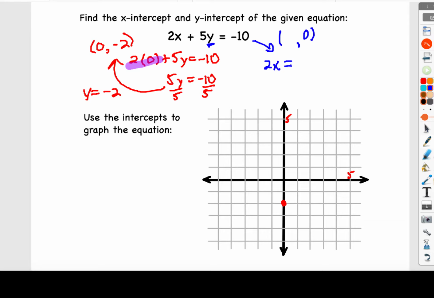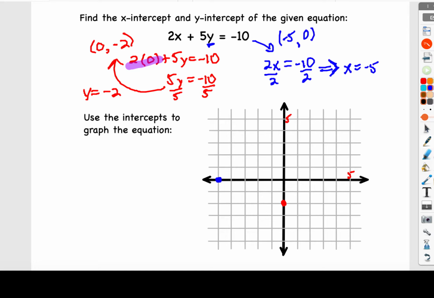So basically 2x equals negative 10 because y was 0. Divide by 2, divide by 2. Since I'm going sideways, I'll use an arrow here. x, right, 2 over 2 disappears, is equal to negative 5. So we'll plot a point at negative 5, 0.